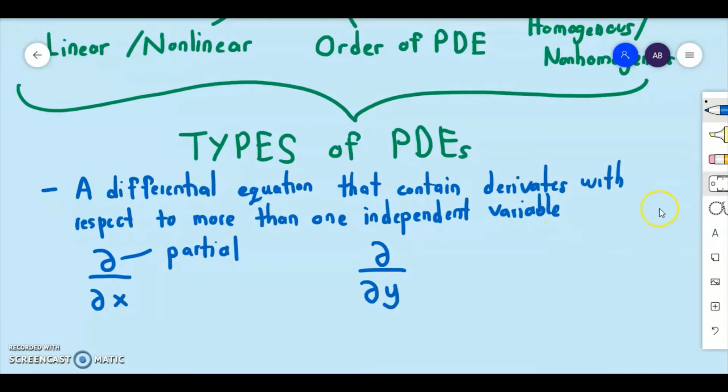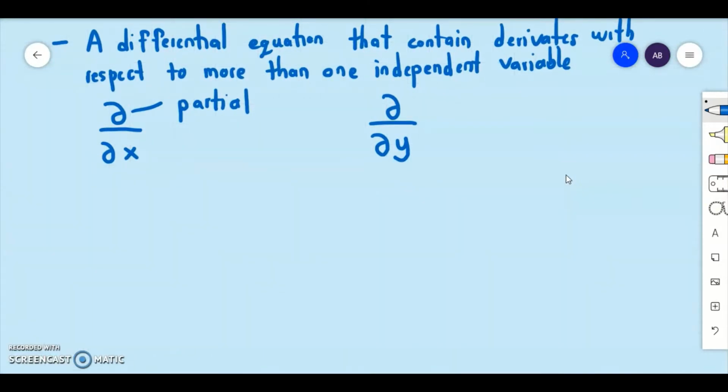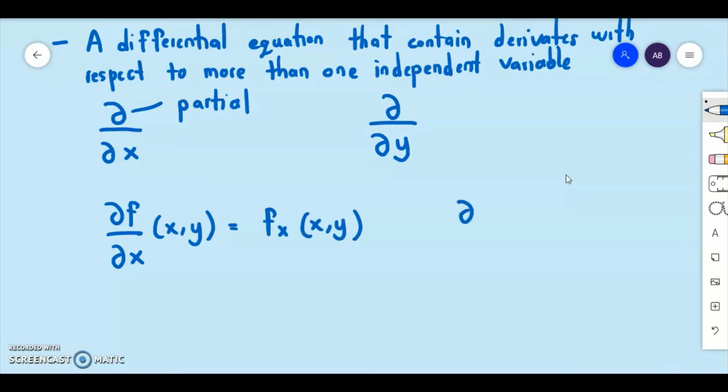Another notation that you will happen to see is partial f over partial x, where for the variables x and y, it's given as f_x(x, y).